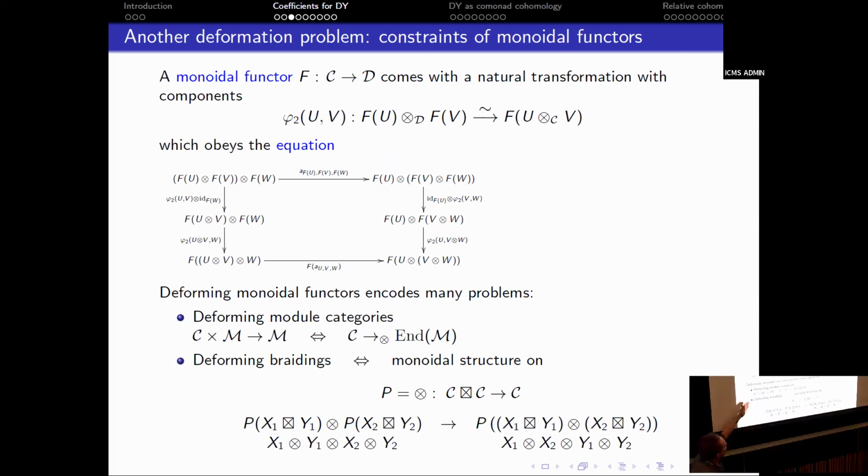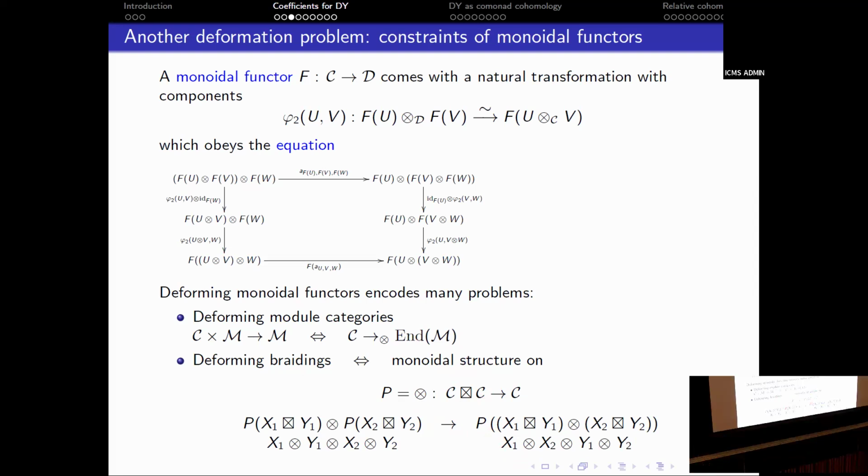But before doing this, let me mention why this is so interesting. Well, everybody here, I guess, knows that a module category amounts to having a monoidal functor from C into the endofunctors. And also there's an old and important result that if you want to deform a braiding, then you can alternatively study monoidal structures on the tensor product. I modified here slightly the tensor product by looking at the induced functor on the Deligne product.